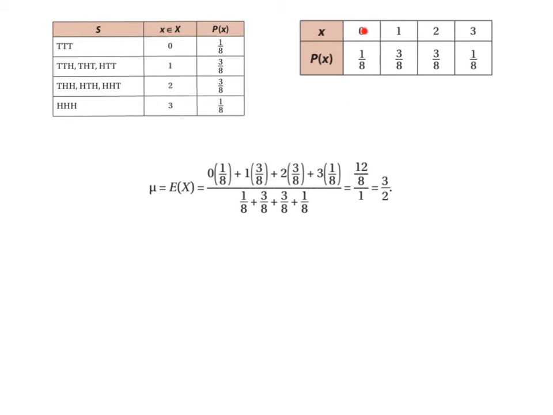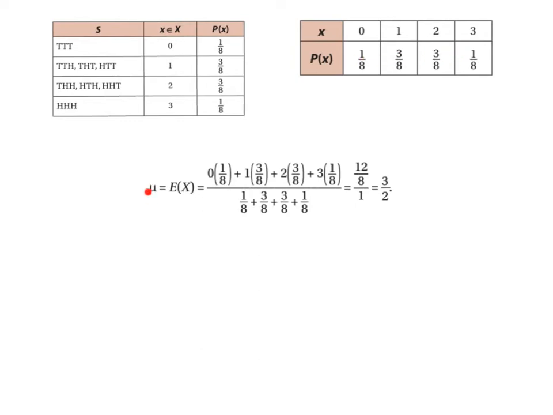So here you get 0 times 1/8, and then we add the next one, plus 1 times 3/8, plus 2 times 3/8, plus 3 times 1/8, and then we have to divide it by the sum of all of these things here. Now notice that the probability of all the x's here is always going to be equal to 1, or it should be. So let's go and have a look.